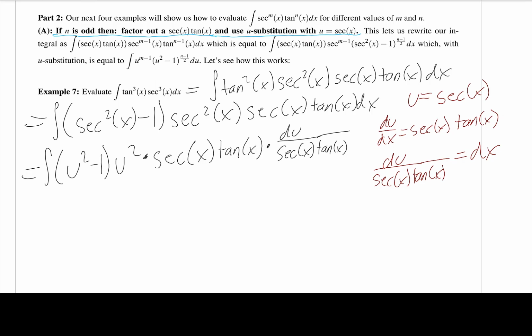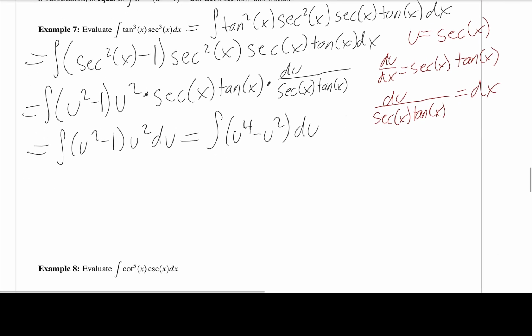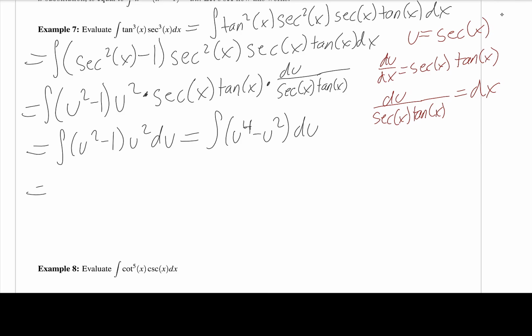And so then we're left with the integral of u squared minus 1 times u squared du. So this becomes the integral of u to the 4th minus u squared du. Integrating this, we get u to the 5th over 5 minus u cubed over 3 plus c.